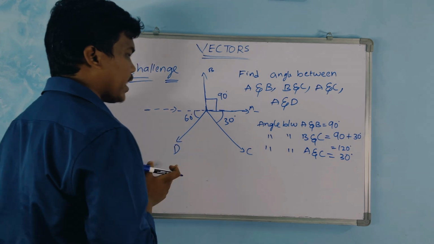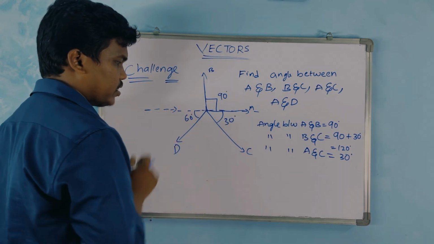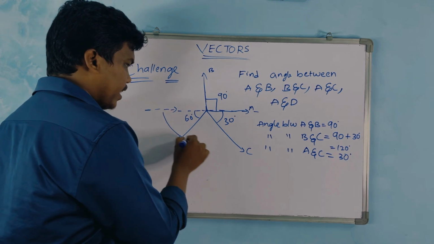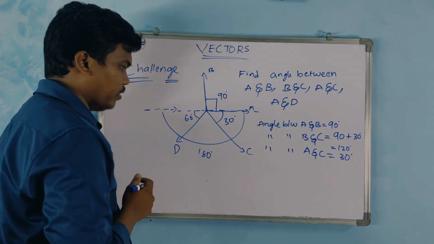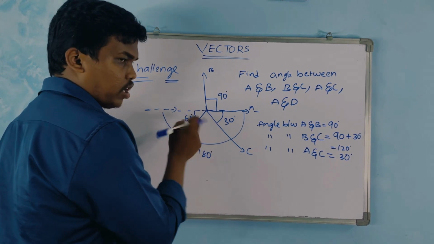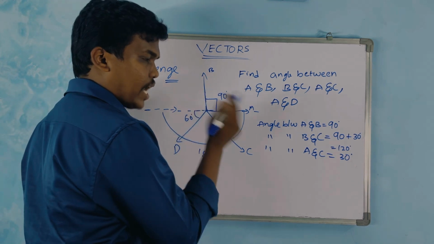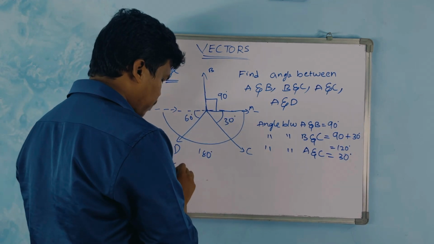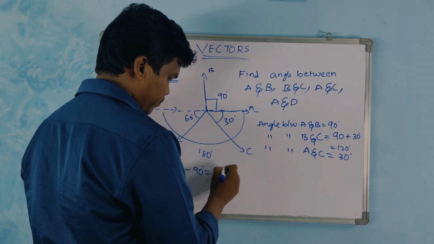Now, what is the angle between A and D? The total angle between these is 180 degrees. Here 60, here 30. On adding both of these, we get 90. These two added up give 90. So, 180 minus 90 gives 90.